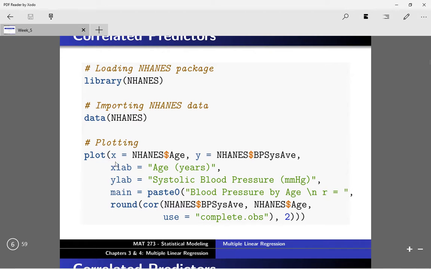So I'm creating a scatter plot between age, that's my explanatory variable X, and systolic blood pressure, the Y response variable. And I'm also adding to the main title for the plot the correlation, which I'm rounding to 2 decimal places, between the 2 variables.